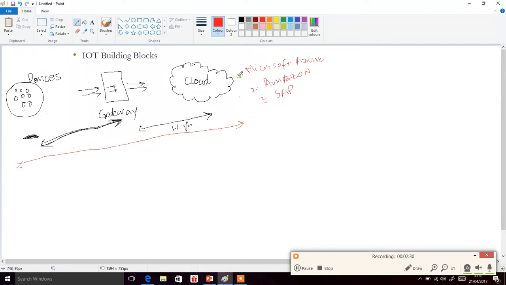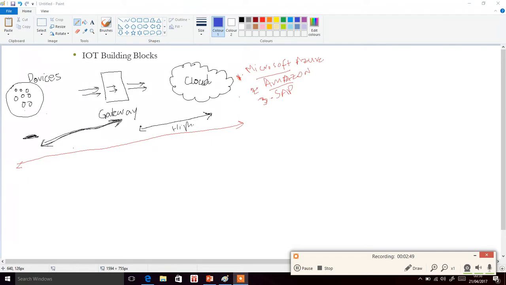Microsoft Azure, Amazon, and SAP are the three commonly used cloud types. Mostly Microsoft Azure and Amazon are used a lot in most of the applications.